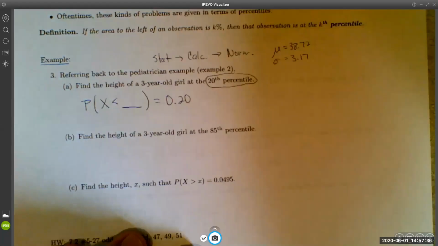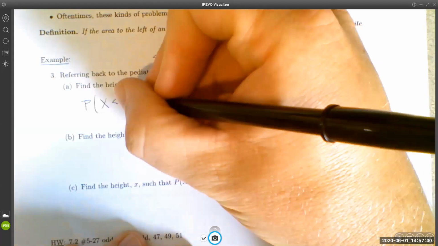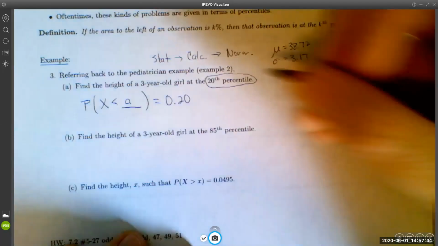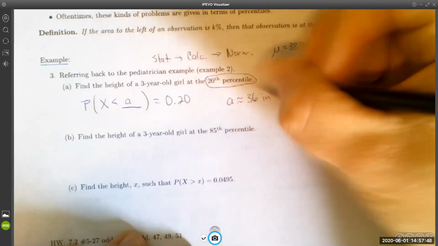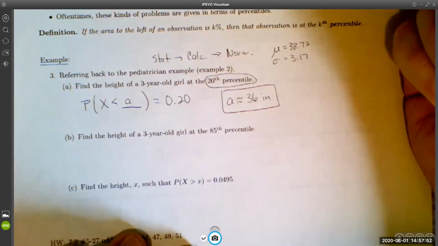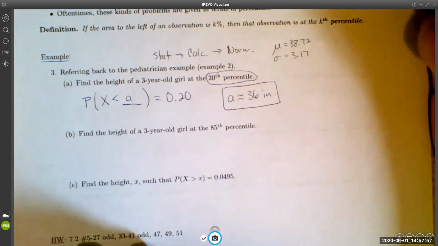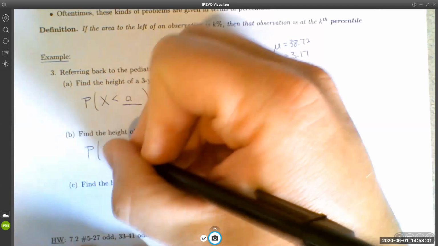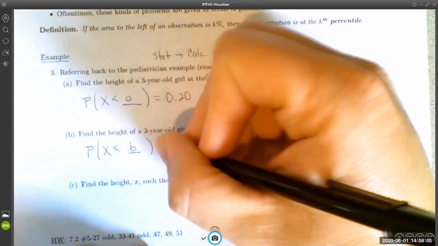So here's what I'm going to say. If I called this A or something like that, then I would say, all right, so A is about 36 inches. Part B says find the height of a 3-year-old girl at the 85th percentile. Same thing. We want this area to be 85% now.